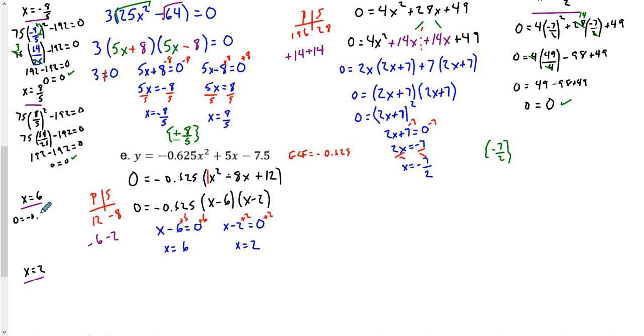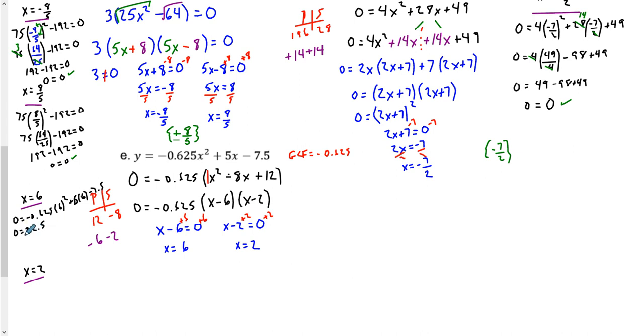So negative 0.625. We plug the 6 in. 5 times 6, subtract the 7.5. Make that a 5. So 6 squared is 36. 36 multiplied by the negative 0.625 will be 22.5. 5 multiplied by 6.